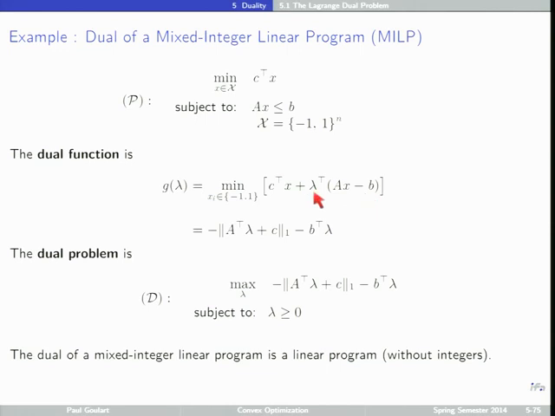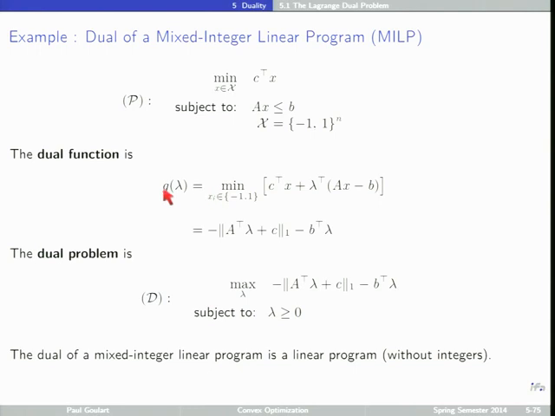So in this case, my Lagrangian just has the nice bits of my problem in it. But there's no free lunch, in a sense. I still have to deal with this -1, 1 component, but since that's part of my domain, I minimize over that -1, 1 set. So now when I construct the dual function, I don't have an unconstrained minimization, but instead I have an integer minimization.